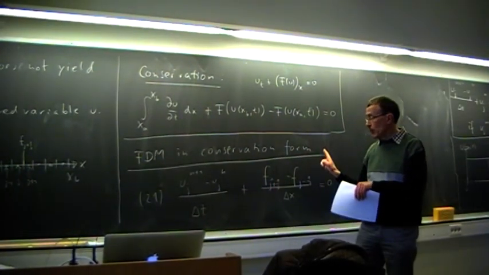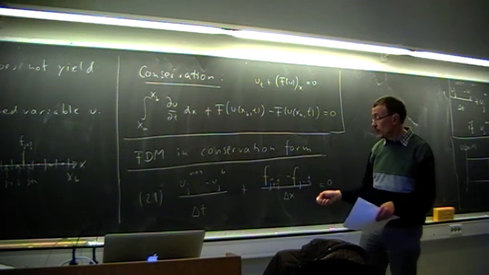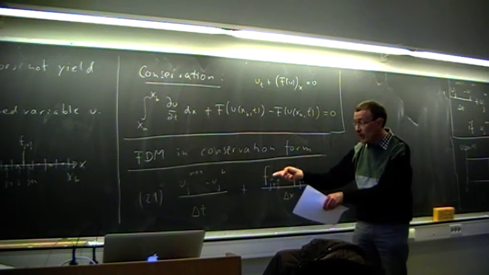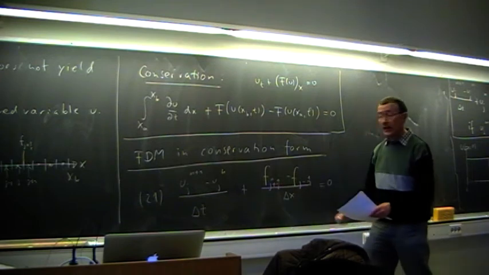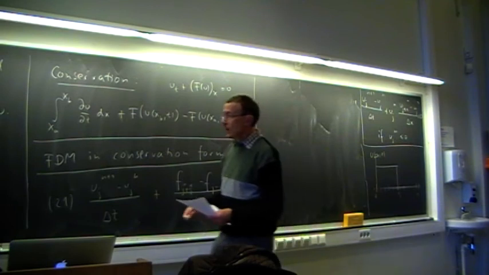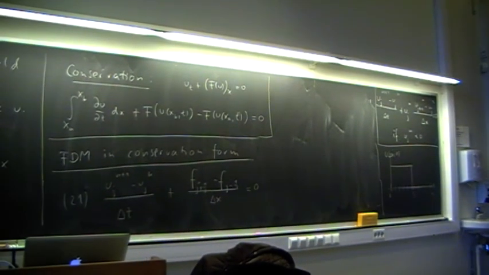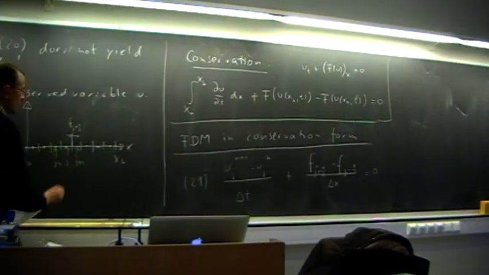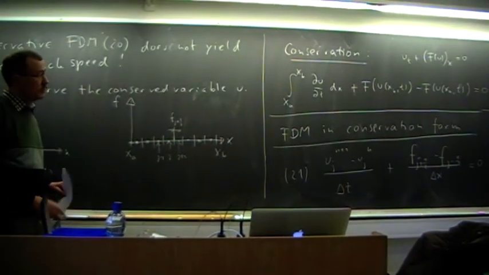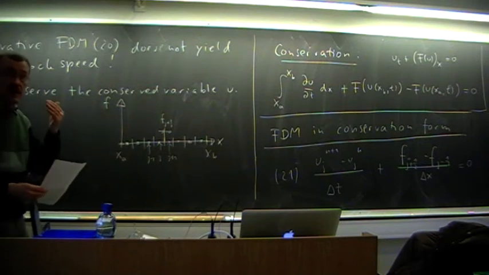In the right neighbor, it comes with a negative sign. It is the same one. Imagine we take J plus 1 here. Then it will be exactly the same. So the flux that is leaving the cell J is entering the cell J plus 1. So if we just write them down, they would exactly cancel.